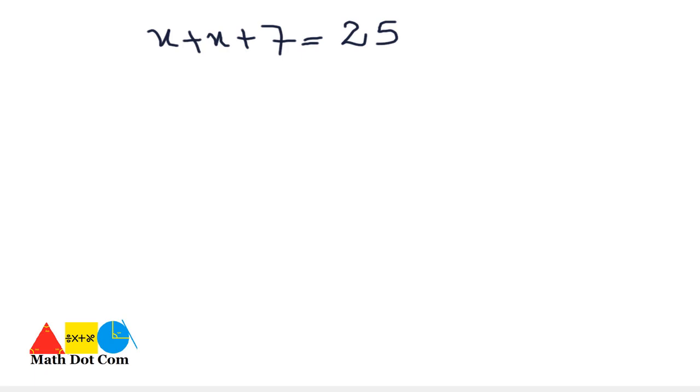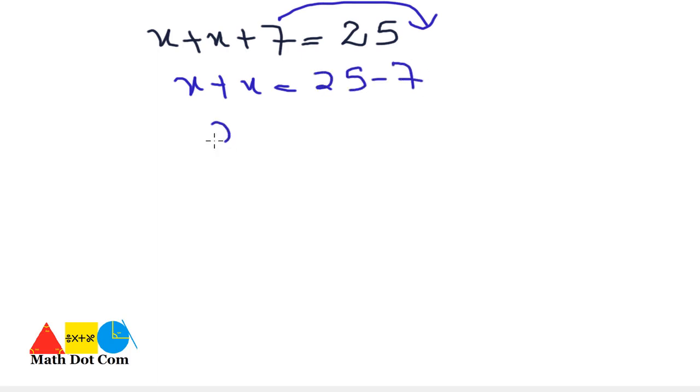We will solve it by combining the like terms: x plus x equals 25, and 7 will move to the other side with the sign inverted. 25 minus 7. So 2x is equal to 16.